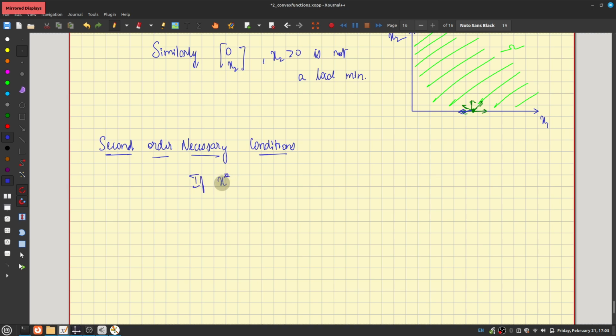Or maybe to put it in a different way, suppose that x star is a local minimum. It tells us something about directional derivatives, but what does it tell us about second order directional derivatives? Or what can the Hessian tell us in terms of whether this point is a local minimum or not?